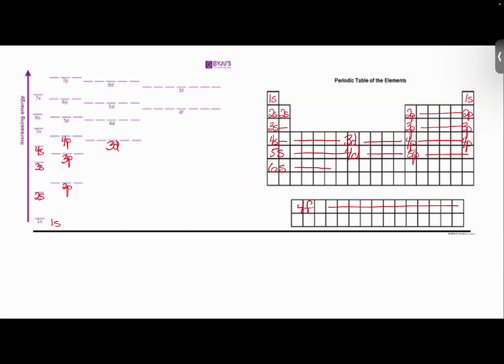And then the 5D, 6P, 7S, 5F, 6D, and then 7P.